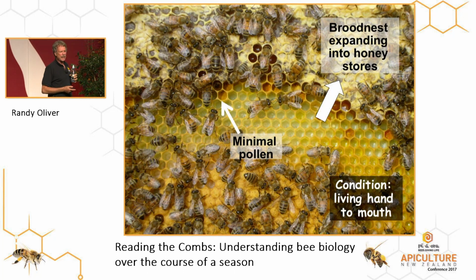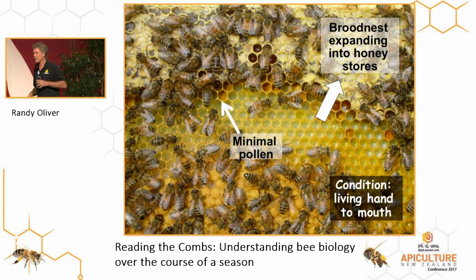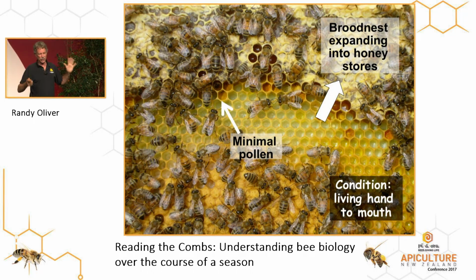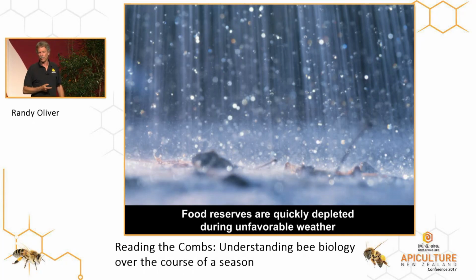But they're living hand to mouth. No time to ferment that pollen into bee bread. They're eating it as fast as it's coming in. By next morning, there won't be a cell of pollen inside that colony because the nurses will have eaten it all. They're eating it as fast as the foragers can bring it in. The colony's totally healthy. Everything's going just fine as long as nothing changes, like rain.